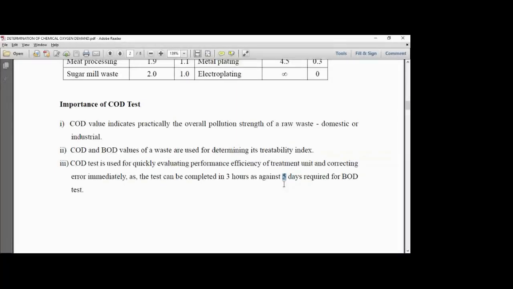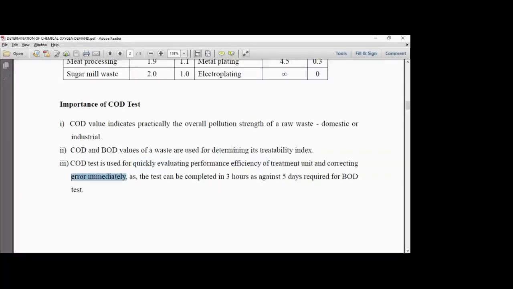So if I have to take a quick decision, if I have found some fault in my STP, and I have to check whether the performance of my treatment plant is going on in a very good manner or not, I won't be doing a BOD test. The BOD test will require 3 days or 5 days, right? Depending upon the temperature. But COD can be done in 4 to 5 hours, and hence it quickly evaluates the performance of your treatment unit.